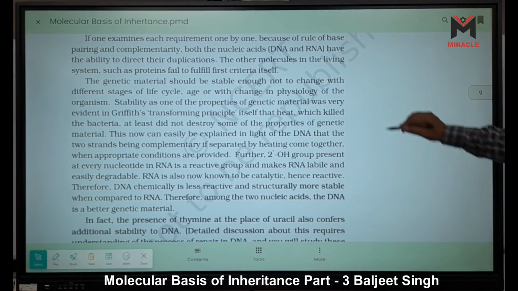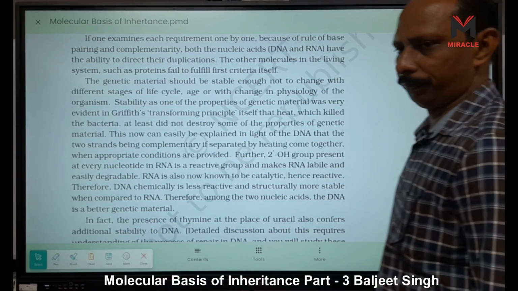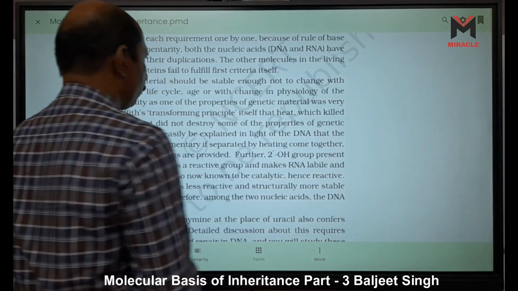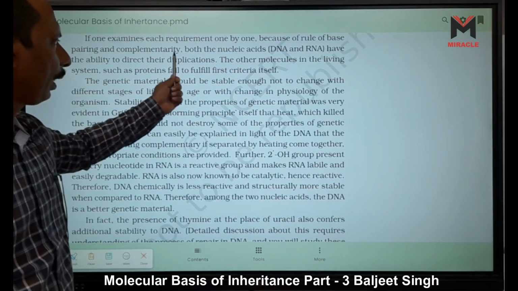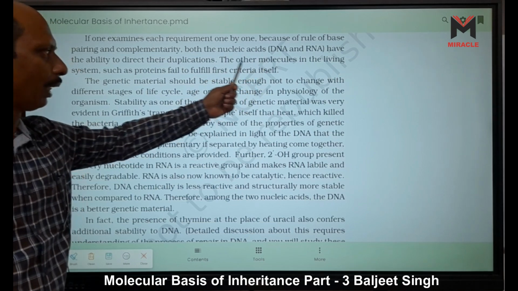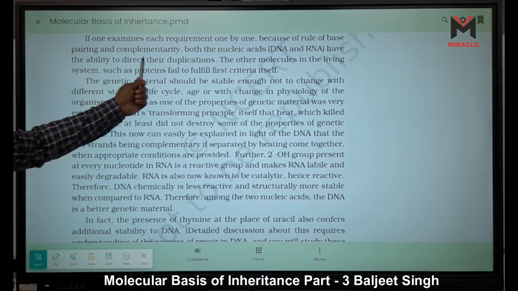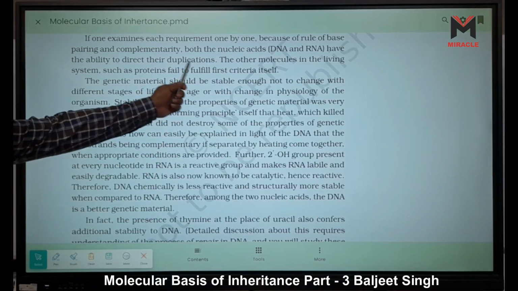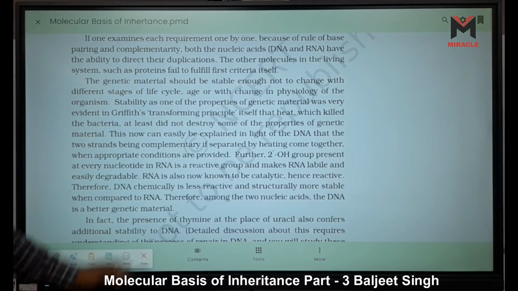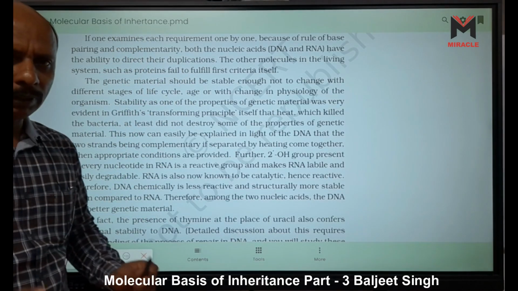Now, we are going to examine each requirement one by one. Because of the role of base pairing and complementarity, both the nucleic acids DNA and RNA have the ability to direct their duplication. Both have this replication power.